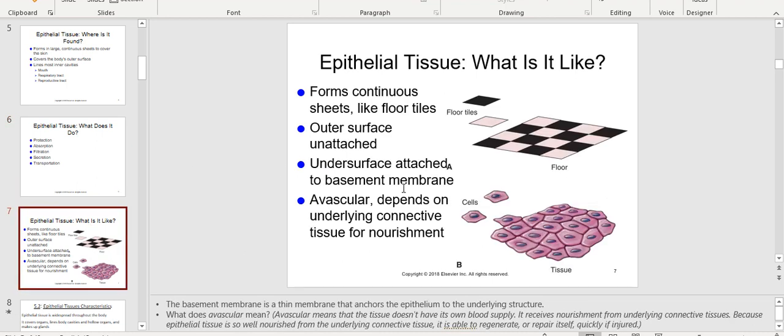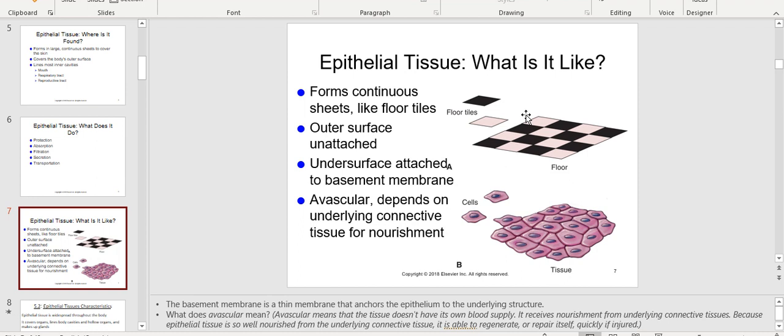And you'll see here that there are different shapes and sizes of epithelial tissue. It forms these continuous sheets. Let's just call them floor tiles. The outer surface, there is nothing there. If you think of a tube, the inside of the tube is just a hole, right?